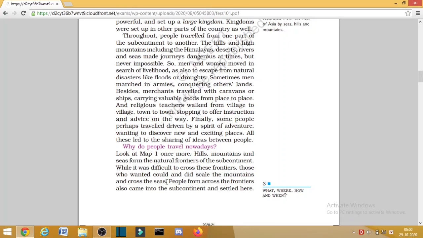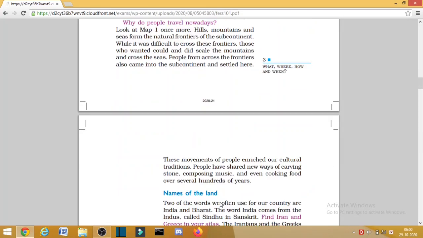People from across the frontiers also came into the subcontinent and settled here. People from outside also came into our subcontinent and began to live here.